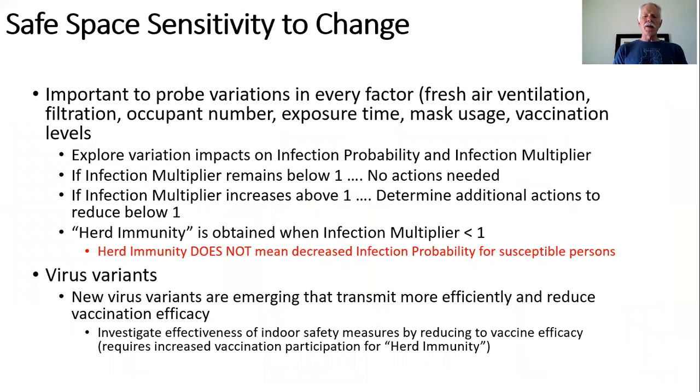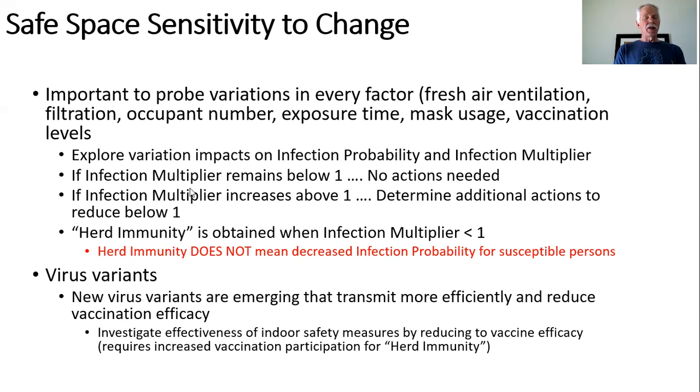Let's end on this. As you go through these examples, once you have set up your situation and you put in the number of people, you explore the number of people infected versus the number of people susceptible or vaccinated or immune, and then you make changes to the building's operation, its fresh air ventilation level that we determine by carbon dioxide levels and by the filtration level.